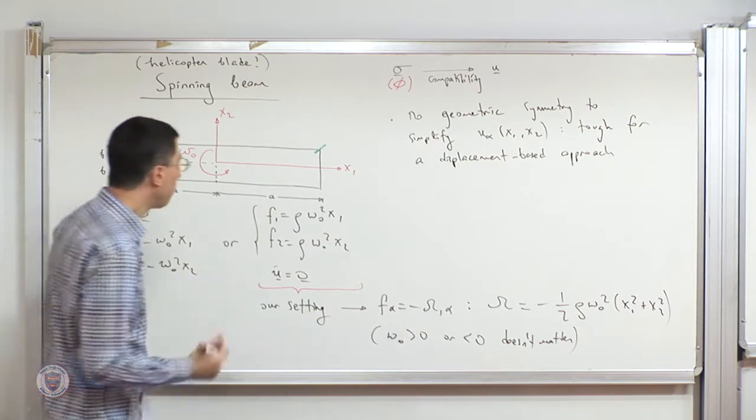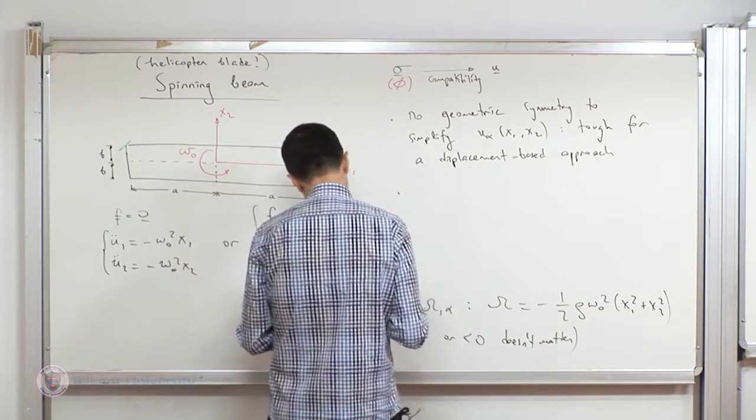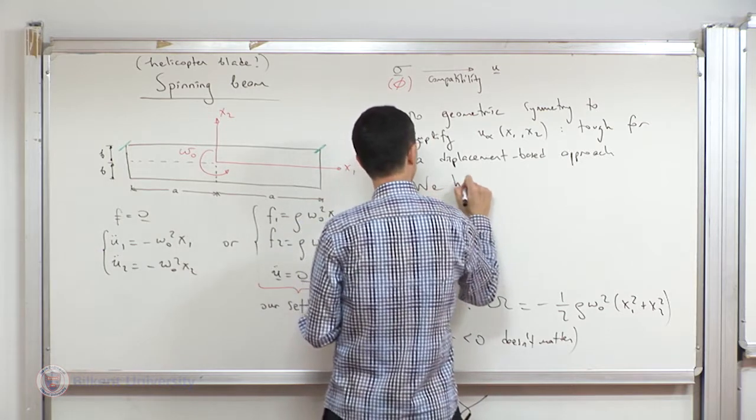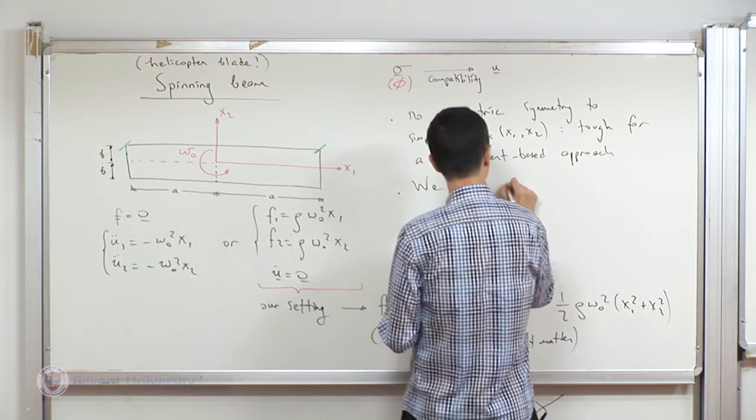Now, we do have a 2D problem. Let me also make that remark, and we're going to come back to this remark. So we have a 2D problem.